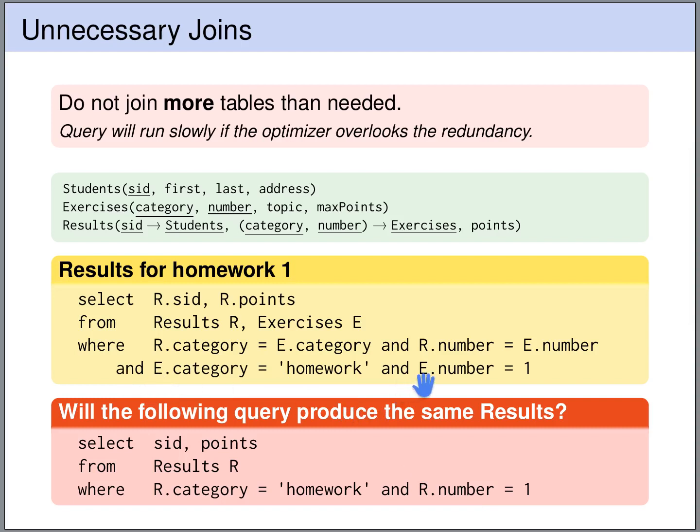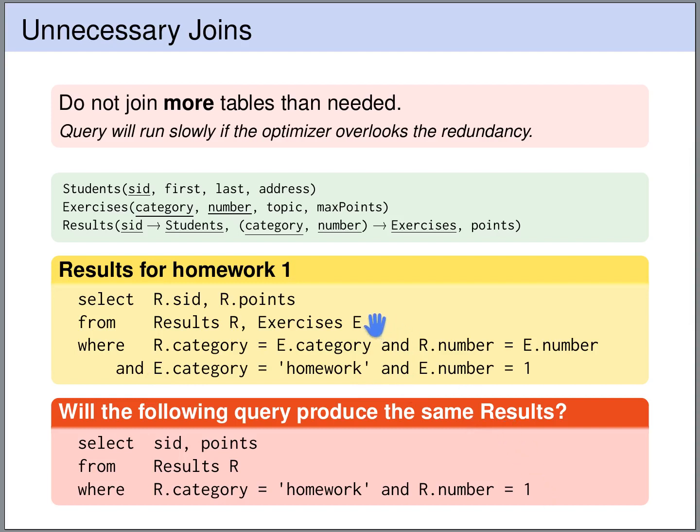And here we can write r.number instead of e.number. Because r.category anyway is equal to e.category because of this equality, and r.number is equal to e.number because of this equality. So we can exchange these e's by r, and then this condition already looks a bit like this.